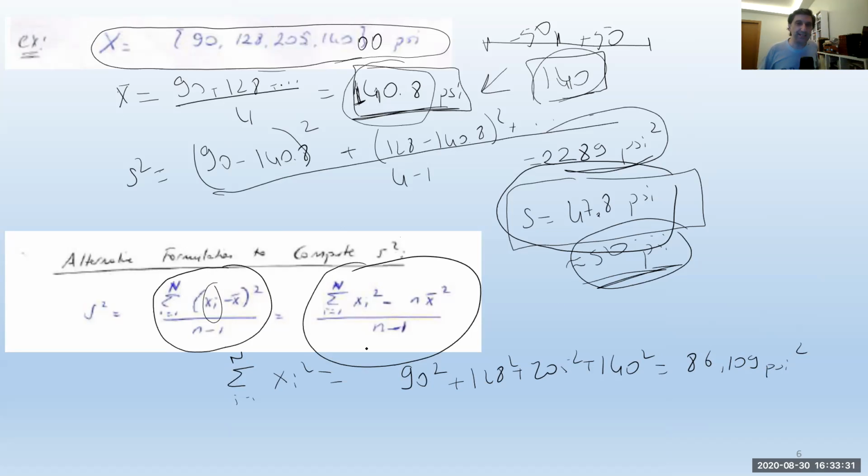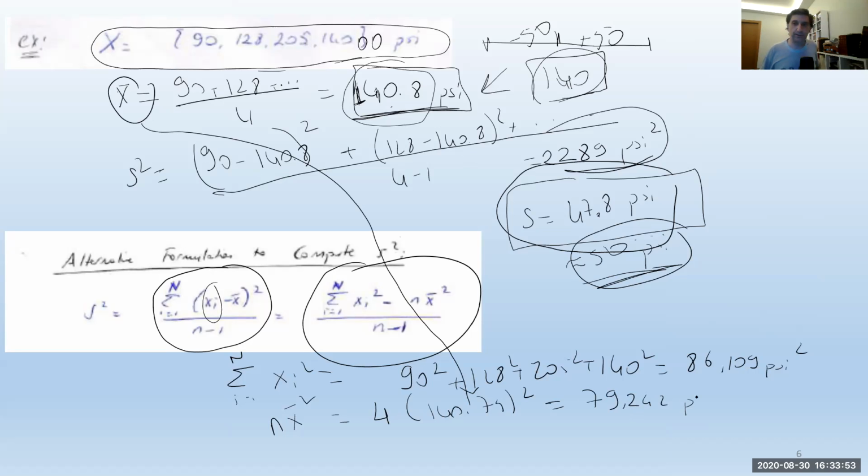Then the second element is going to be n x bar square, which is 4 times x bar square. You should have already calculated this value, right? And the result is 79.24 pounds square.